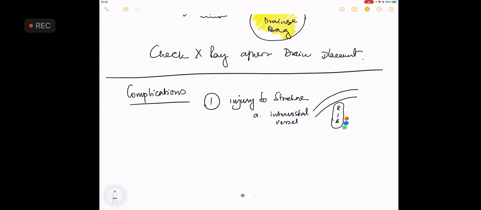If you have placed the drain at the lower border, then you can injure this. So, this is no and this is right. Always remember that intercostal vessels can be injured.